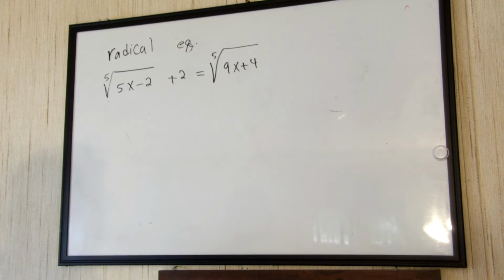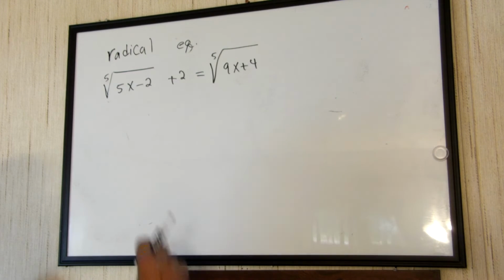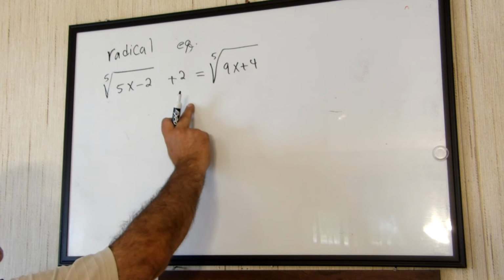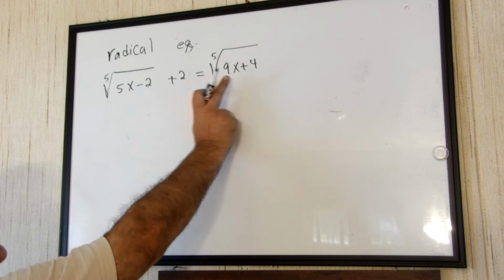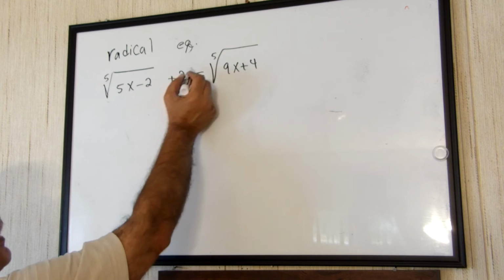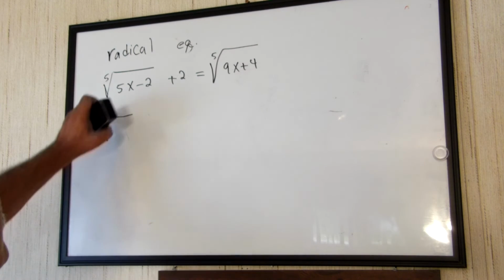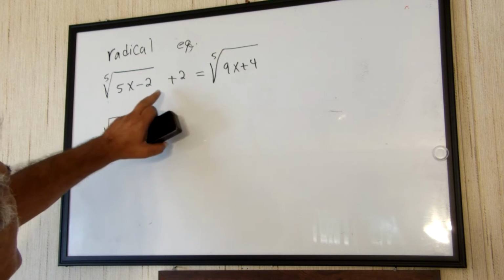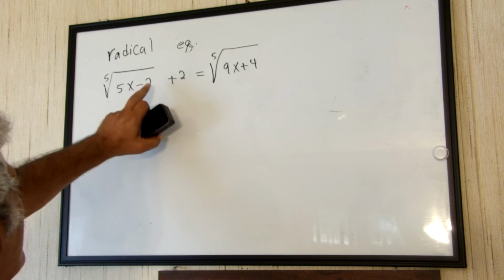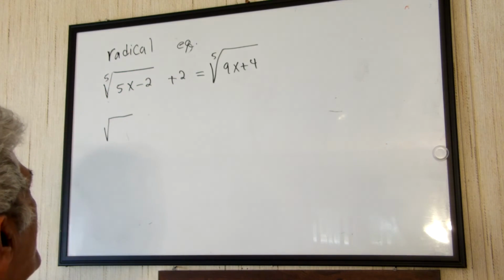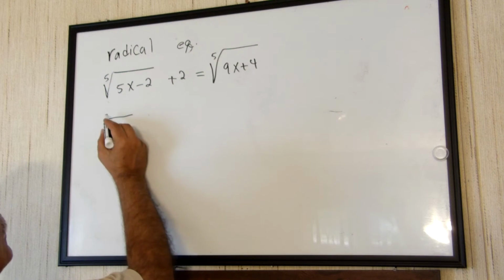Now, what you're going to do with this, we have to raise both sides to the power of 2, so it gets rid of the radical.